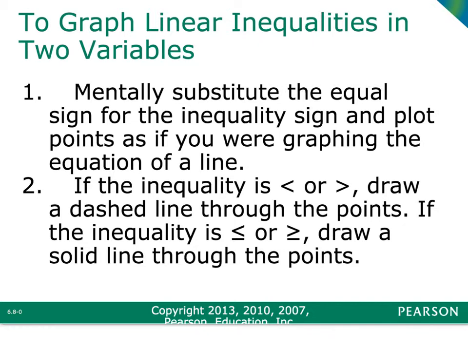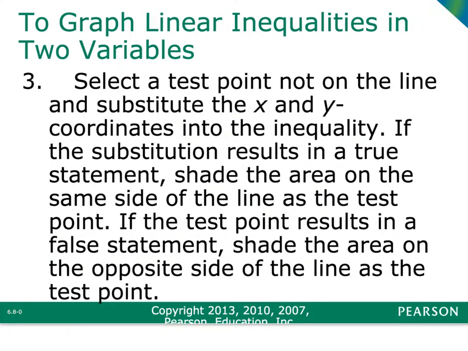When you do this problem, the easiest way to do it is to pretend that the inequality sign is really an equal sign and to just graph the equation like you normally would. If the inequality symbol is a less than or a greater than, you will use a dashed line. If the inequality symbol is a less than or equal to or a greater than or equal to, you will use a solid line.